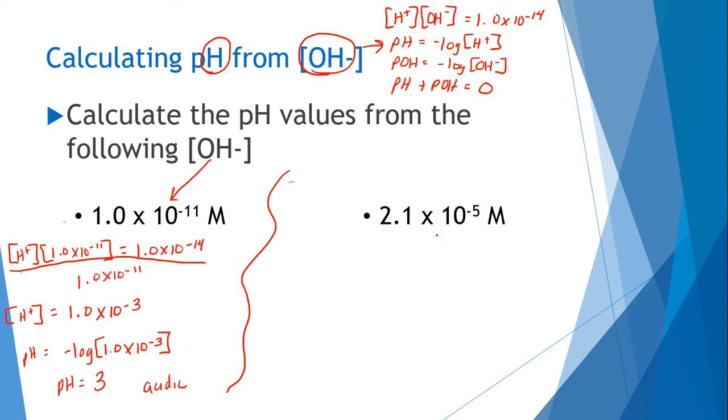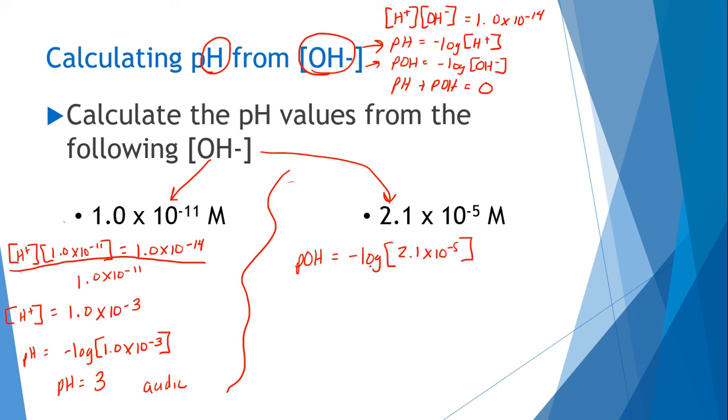Over here, we're going to solve step number 2, or the second way, to show you that one. So first thing, remember, this is an OH concentration. So I can actually use pOH. So I can say pOH is equal to the negative log, and I can plug in my OH concentration.